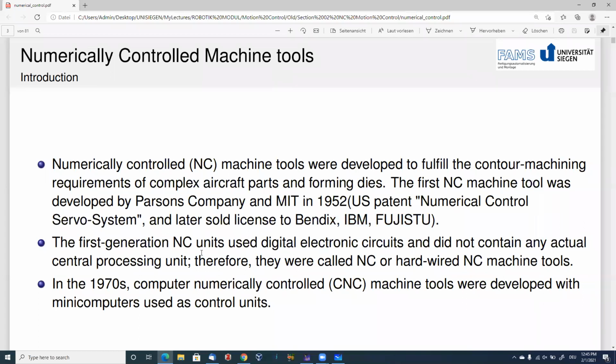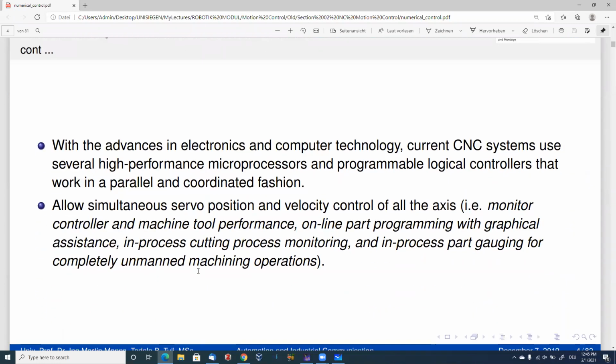And then these CNC machines were evolving because of robotics and computer evolution. As we advance in computer control, the machines are also getting advanced and intelligent.